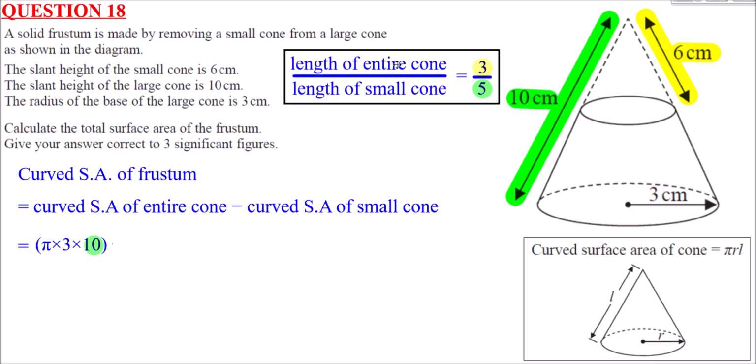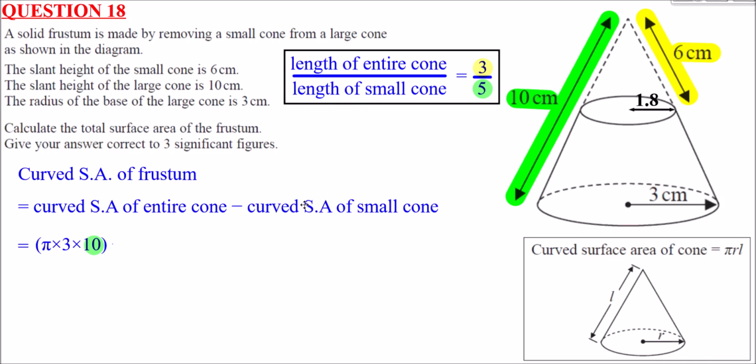In the same way, because the slant height of the small one is 3/5 of the slant height of the full one, the radius for the small cone will be 3/5 of the original radius of 3. 3/5 of 3 is 1.8, so therefore the radius of the small one is 1.8.